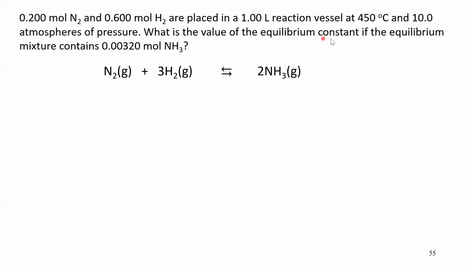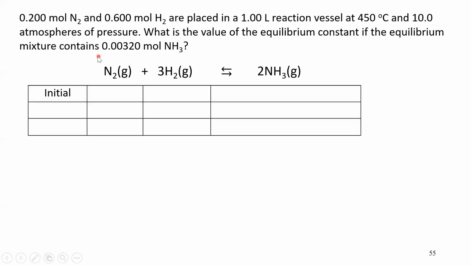That means we want to calculate K if the equilibrium mixture contains 0.00320 moles of ammonia. Well, this 0.200 and this 0.600 are not at equilibrium. They're before the reaction takes place and before equilibrium is established.